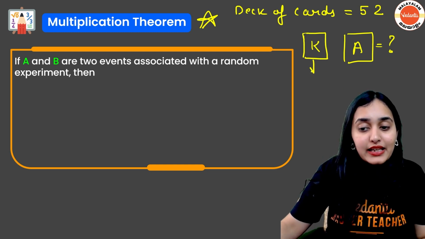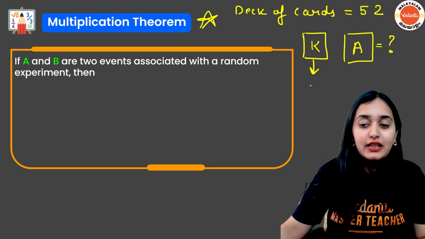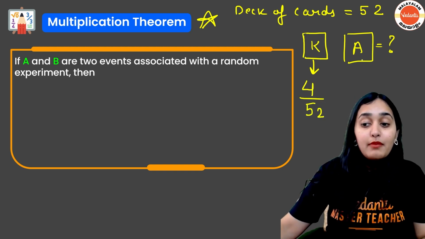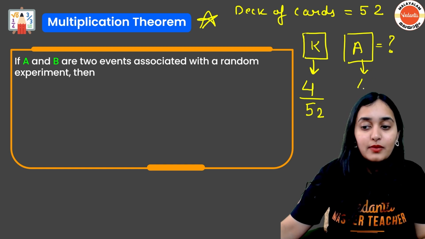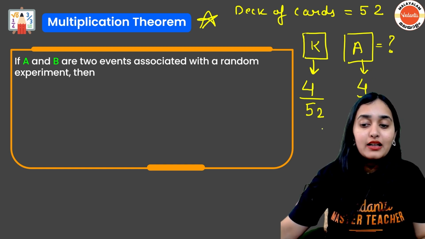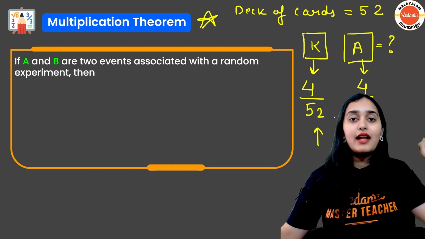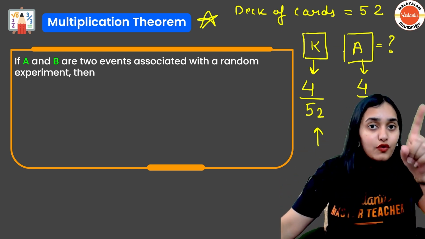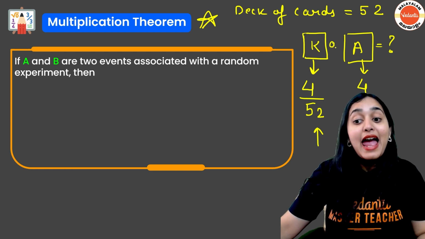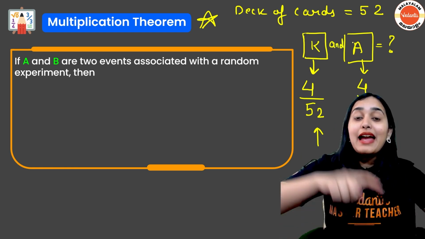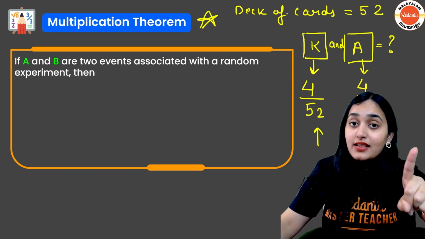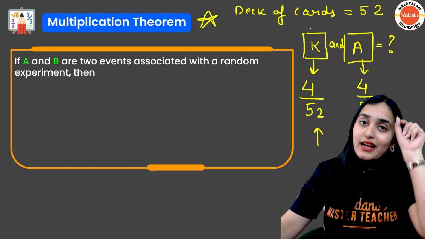Because if you are taking out a king, the probability is 4 kings out of 52 cards. But when you take out an ace, it will be 4 out of 51 cards, because one card is already taken out, so only 51 are left. So you want to know the probability of this and this, king and ace, because in the question it is written, in the first chance you should get a king, it is compulsory.